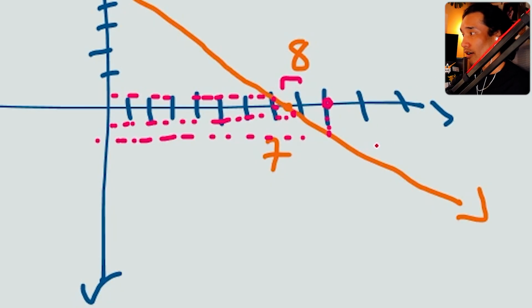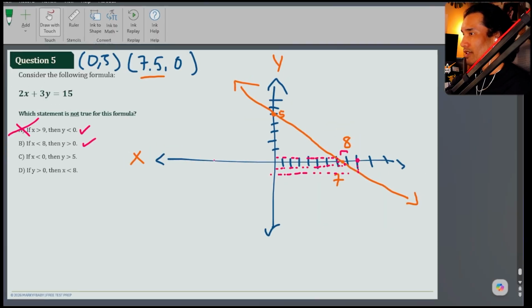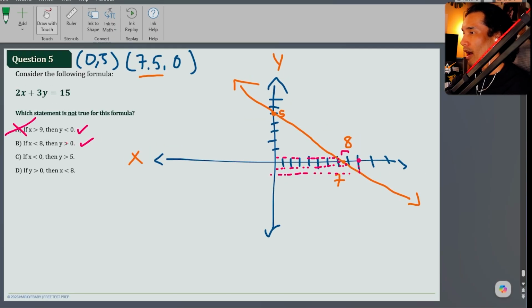All those values are less than 8. We can choose them, and they do give us a negative y value. So y could be both positive and negative, making B not true and the correct answer.